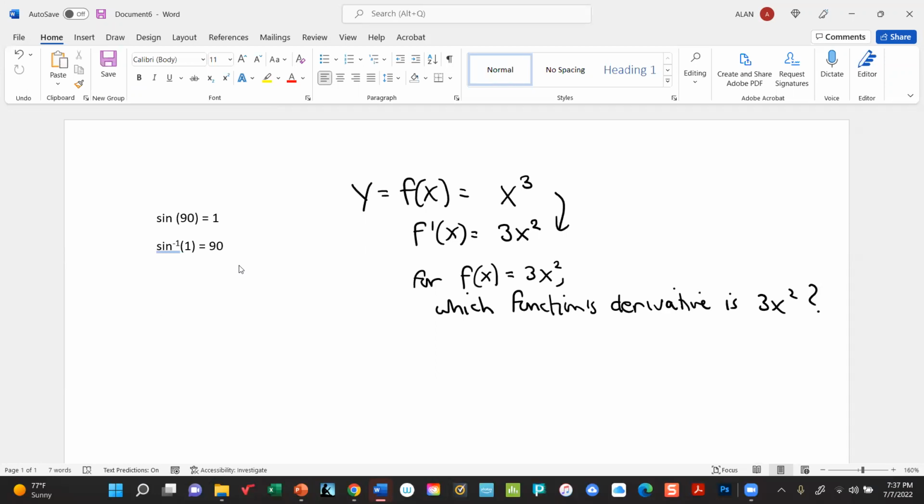So in other words, we're essentially working it backwards, just like we did here. We're reversing the direction of the calculations. And this function, well, we know that it is in fact x cubed.